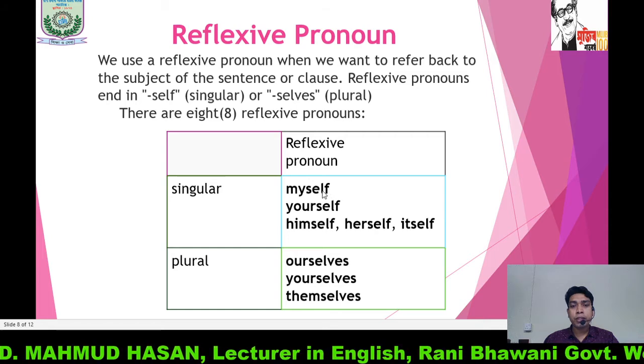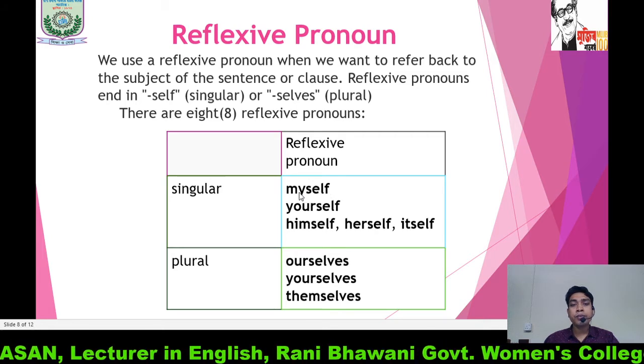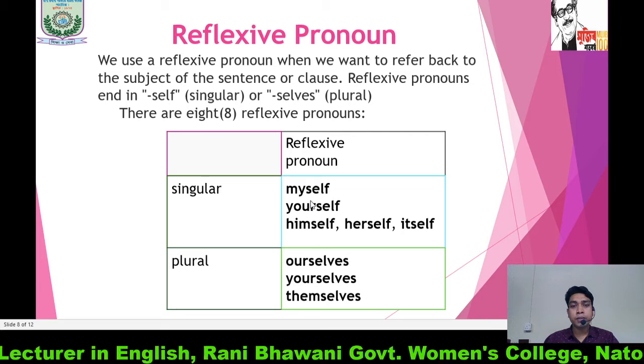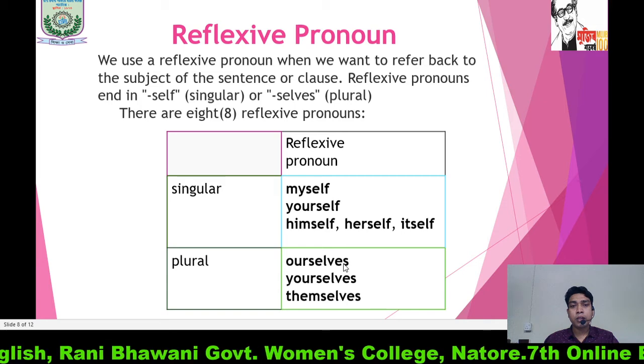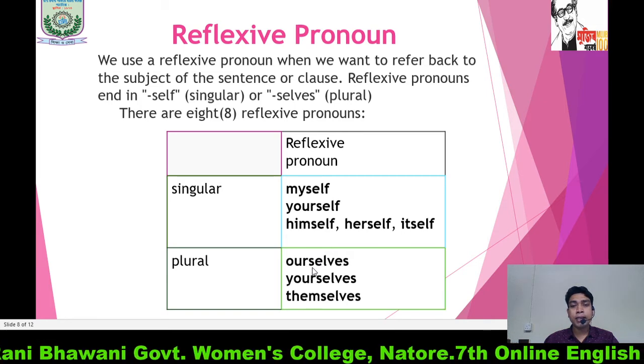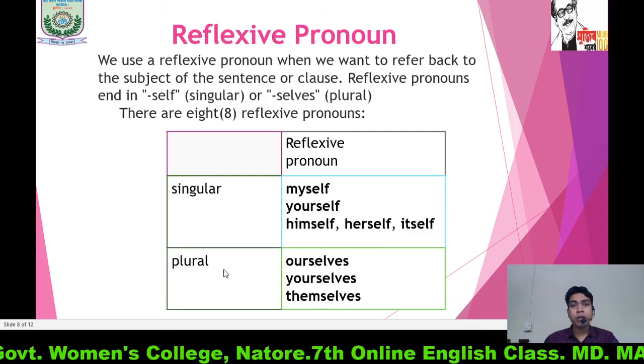Self is added at the end of the word in case of singular, and selves is added at the end of the word in case of plural pronoun.